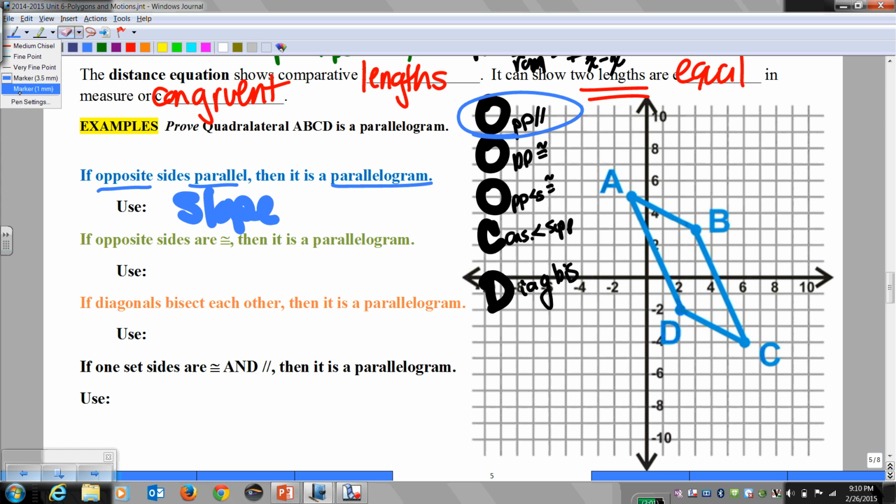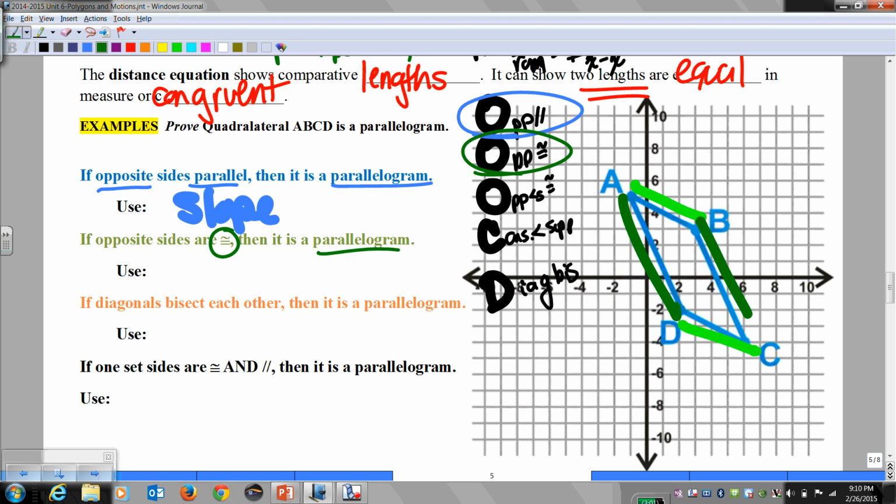If I wanted to show opposite sides were congruent in length, I know it's a parallelogram. That's the second O. So if I want to compare length, I could show that these two lengths were equal in distance, and these two lengths were equal in distance.